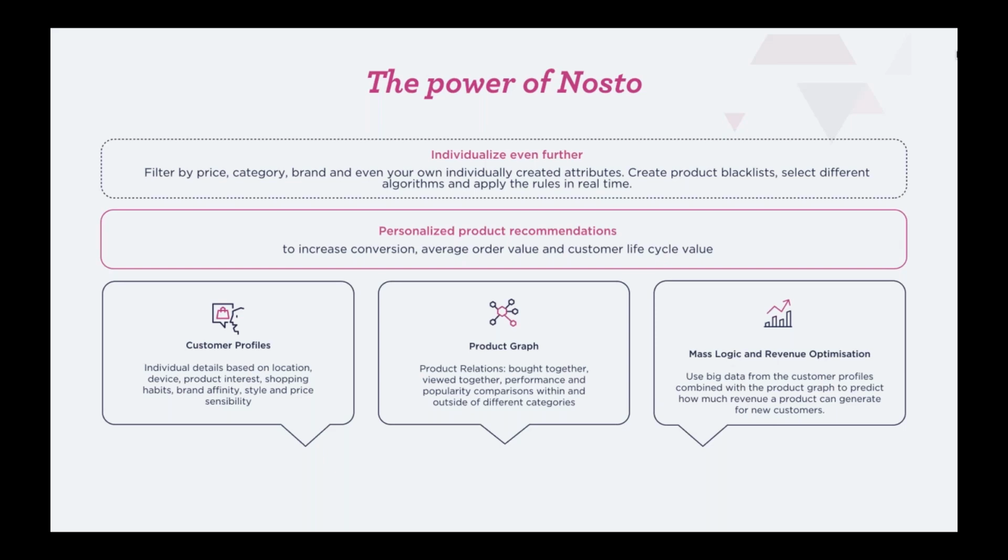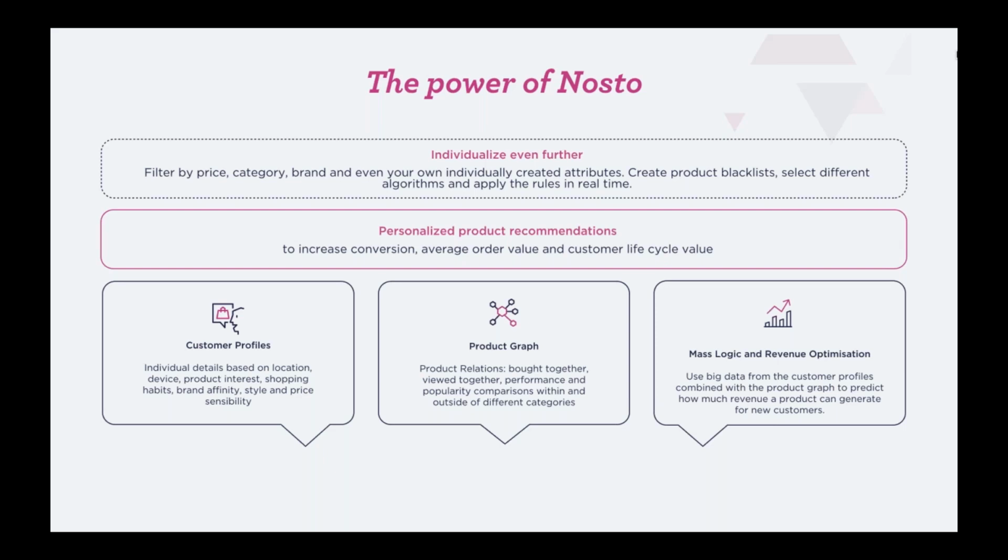The Nosto on-site recommendations help with increasing conversion, average order value, and customer lifecycle value. And all this is done using the product relations, which are built between products by clicking them together, carting them together, or mainly buying the products together. So the more two products are clicked, bought, or carted together, the more they are being recommended together because it shows relevance.